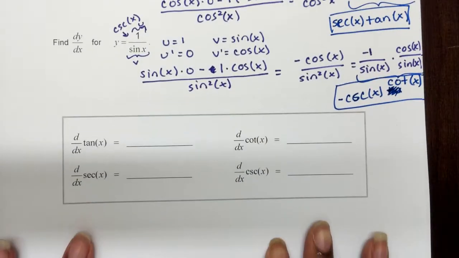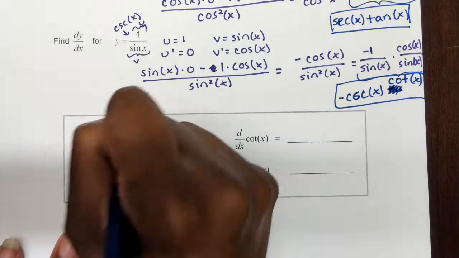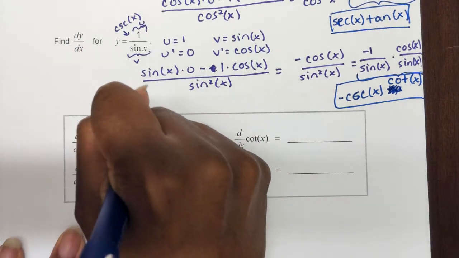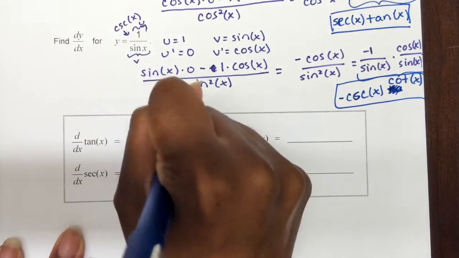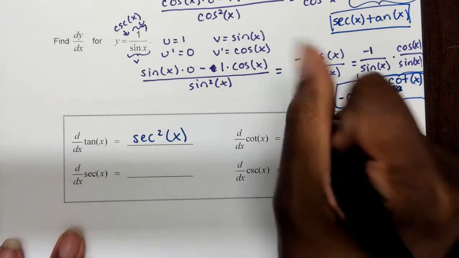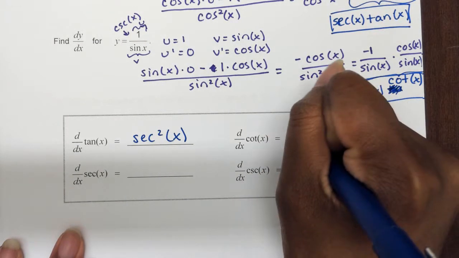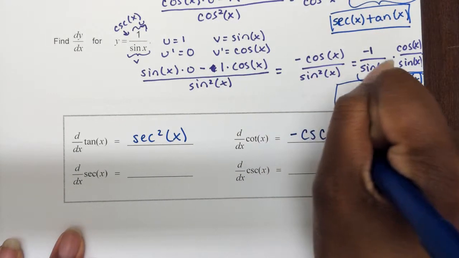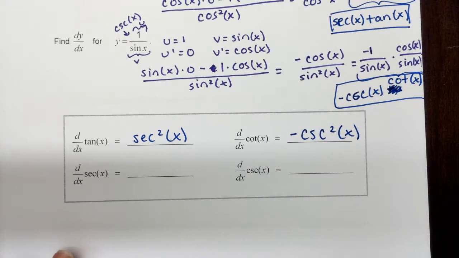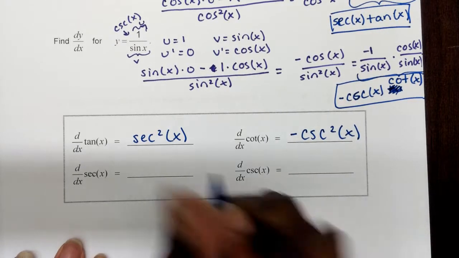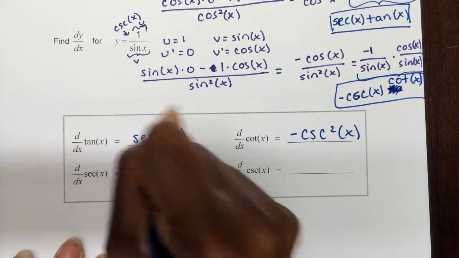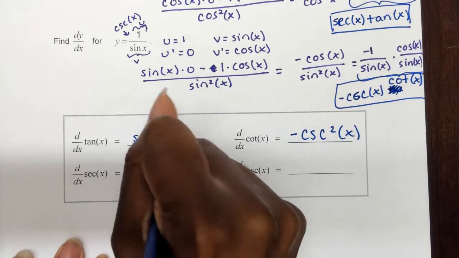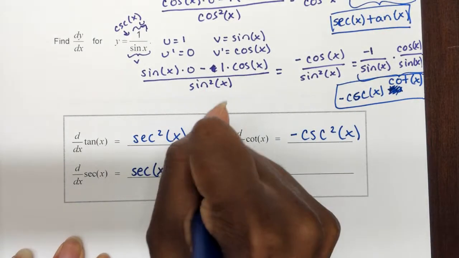So down at the bottom, we found the derivative for tangent. That was secant squared x. Derivative for cotangent was negative cosecant squared x. Derivative for secant, which was secant x tangent x.